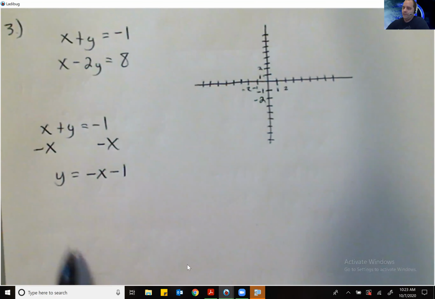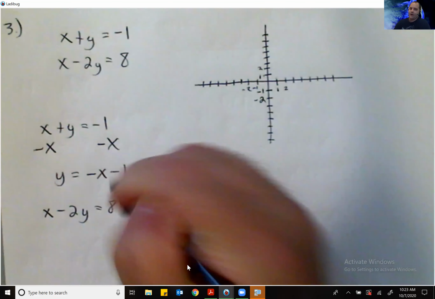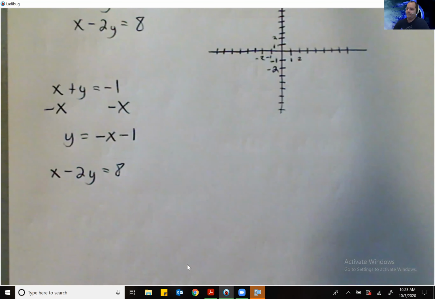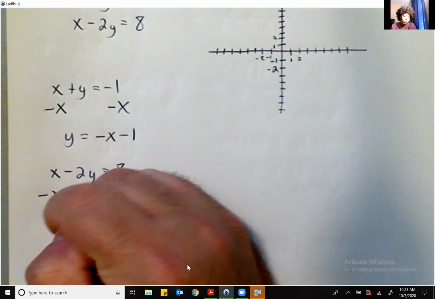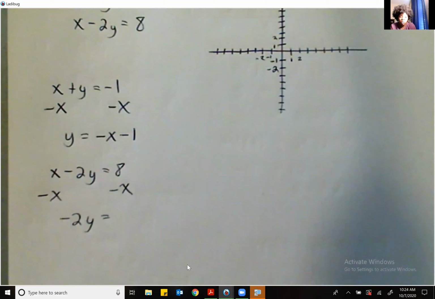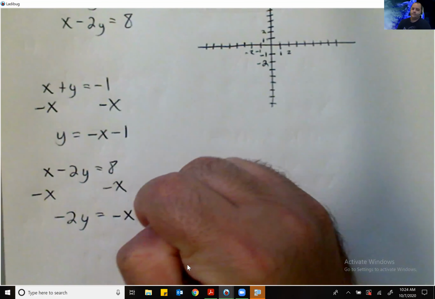And then what am I going to do for the x minus 2y equal to 8? How do I get the y by itself there? You've got to bring over the x. You're going to subtract x on both sides, which gives -2y equal to -x plus 8. Then what?